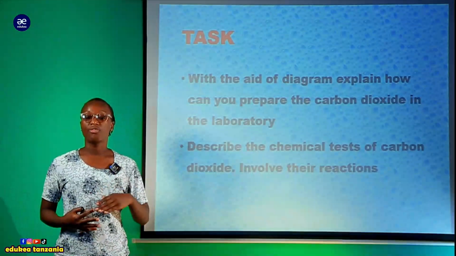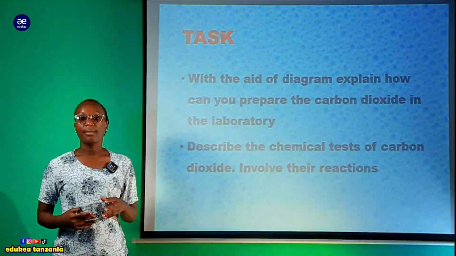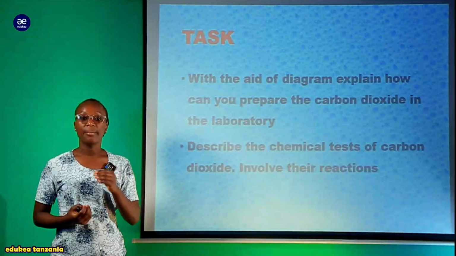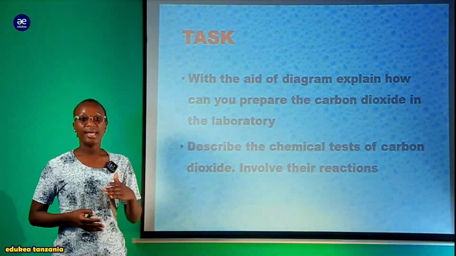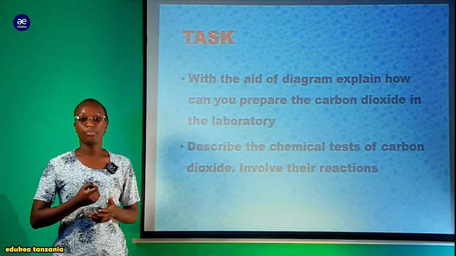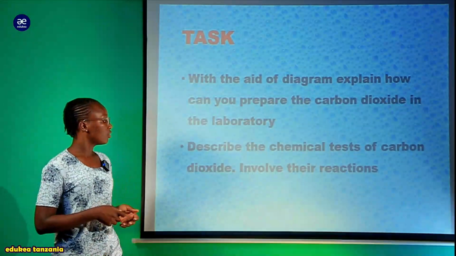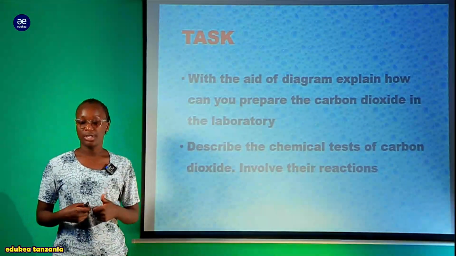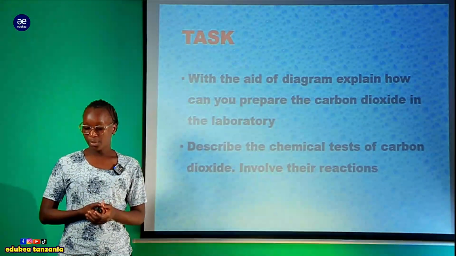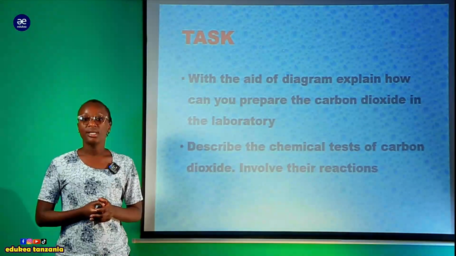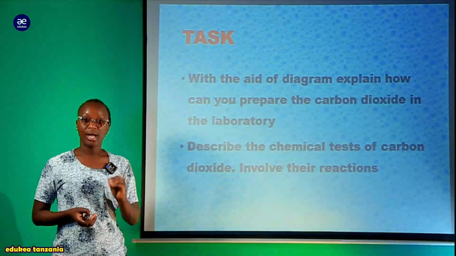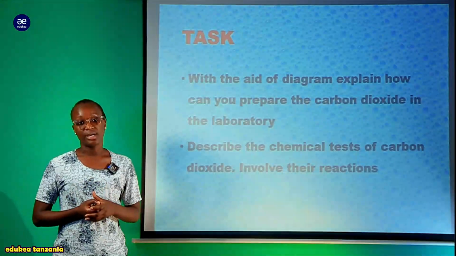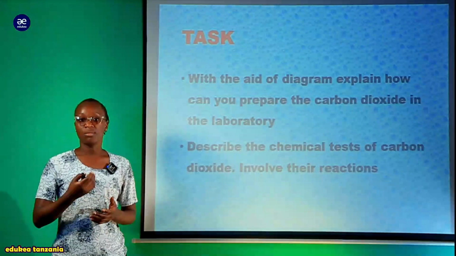We saw the chemical tests: bubbling of carbon dioxide with lime water, but also barium hydroxide. So try to attempt the task to improve your understanding, also involving the chemical equations. It is a simple question, but if you don't try, it will be very tough. So try it so you can be perfect.